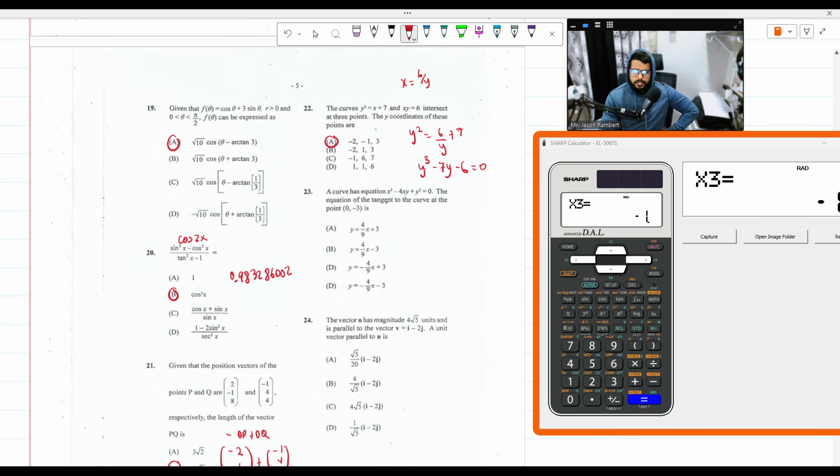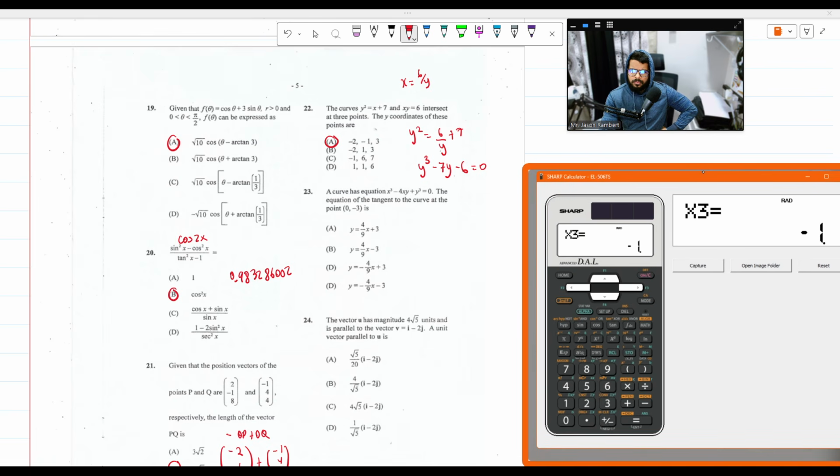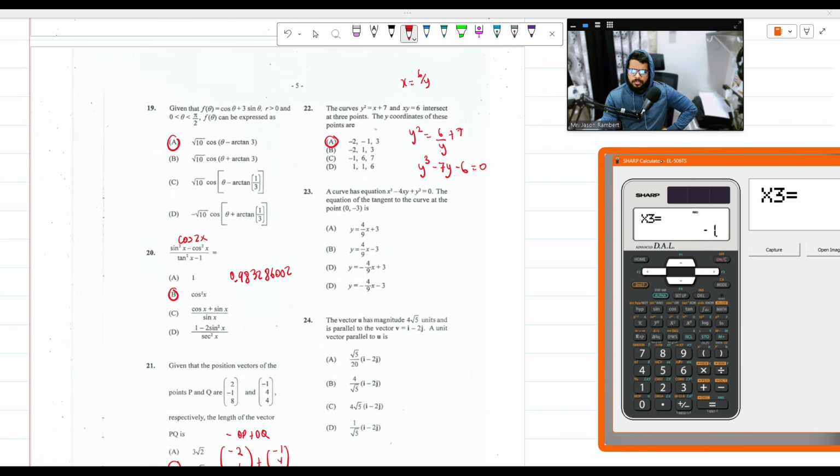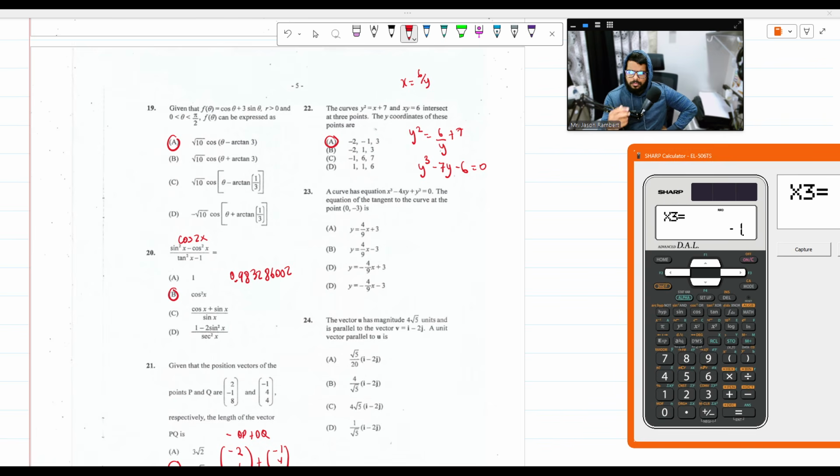A curve has equation this. The equation of the tangent to the curve at the point 0, negative 3 is... now, in unit 1 we don't know how to differentiate implicitly.